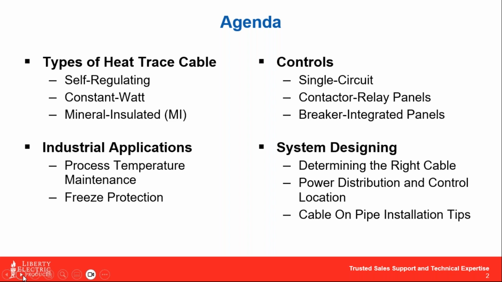We're going to spend a little time on controls. This is a segment that we could literally develop our course around this one itself, but we will familiarize you with just the most popular control configurations that you'll typically see, and then kind of finish with some tips on system designing, and some installation tips put into that same section as well.